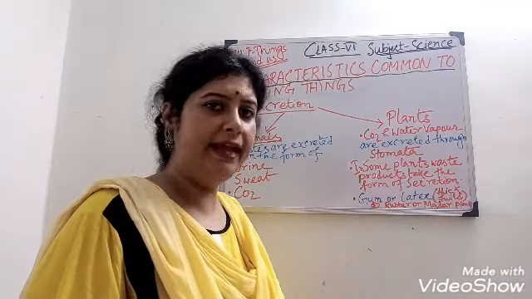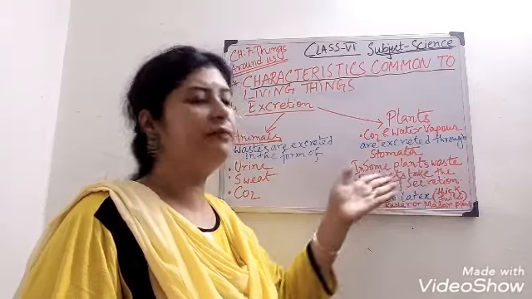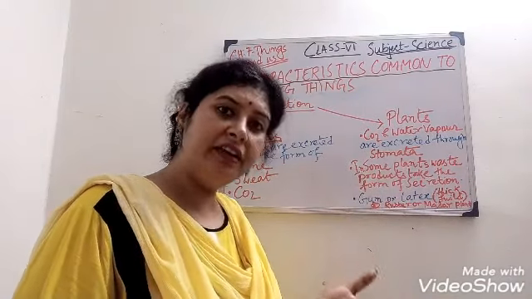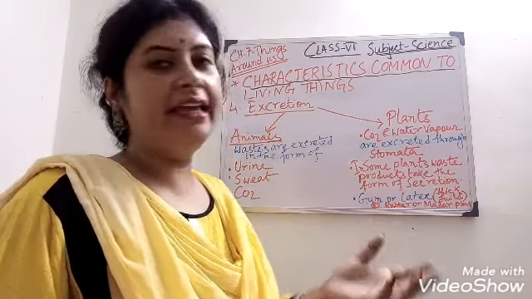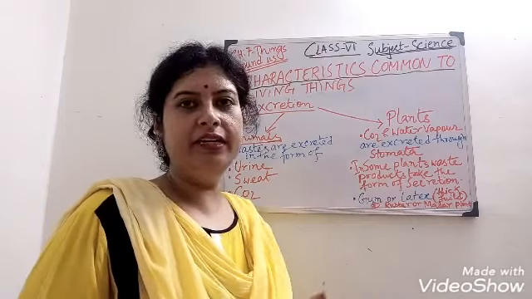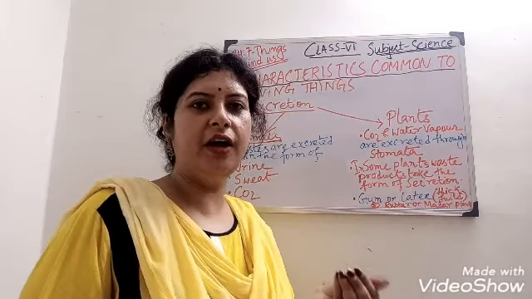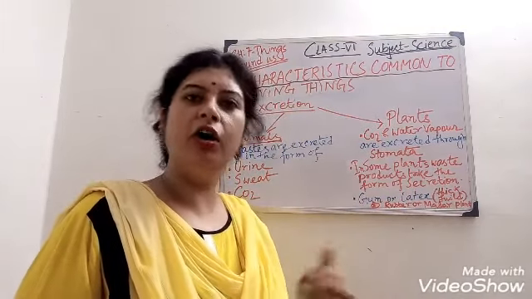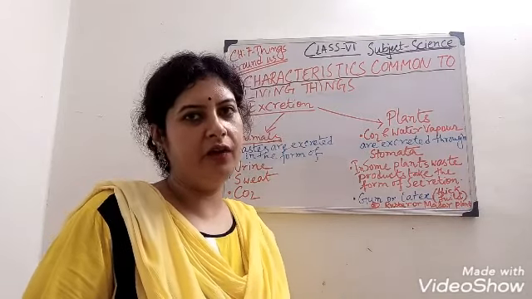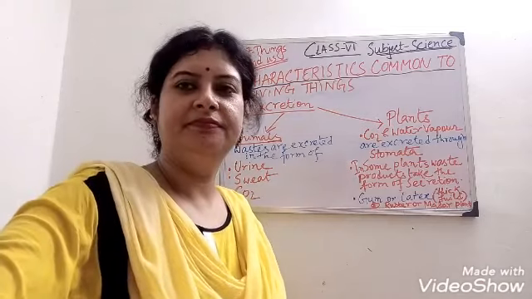And in some plants, the waste products take the form of secretions like gum and latex. Latex is a thick fluid found in the rubber plant or mother plant. If we break their twigs, we can find this latex or gum.